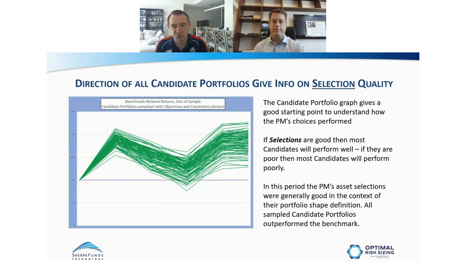Your sector limits, your country limits, whatever other things you have told people that your portfolio will do. So this picture here, the green lines, and remember, this is not a simulation of the market. This is the true market over the last 6 months applied to many different possible ways of building a portfolio from the selections that the client had, which were compliant with the client's objectives and constraints.